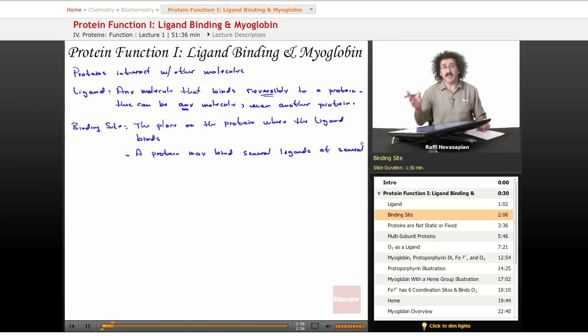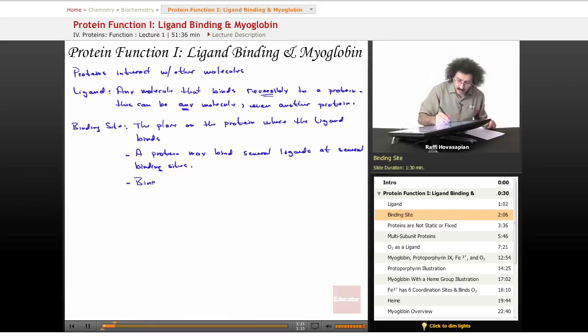We can have one binding site, two binding sites, 37 binding sites, whatever is necessary for that protein to function and do what it does. Okay, and binding is specific for that ligand. It isn't just any molecule that comes around and the protein will bind to it. It's very, very specific.